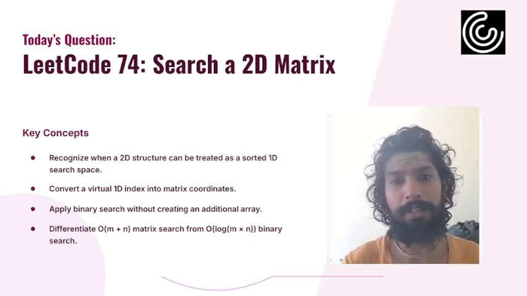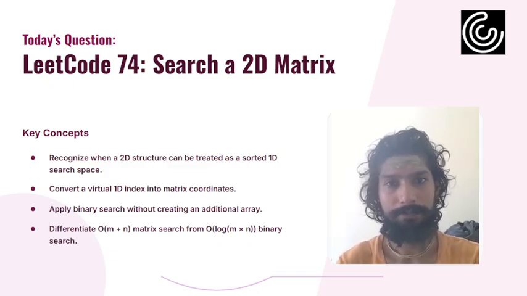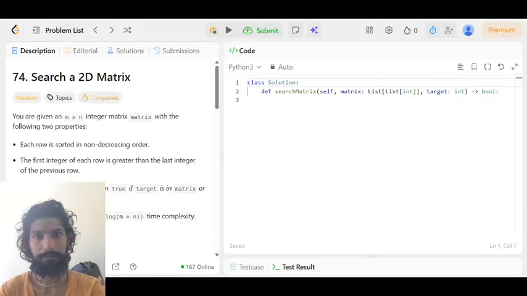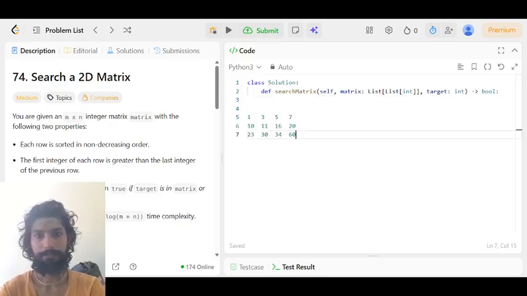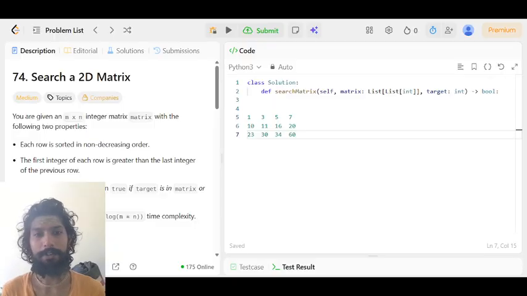Let us first understand the main intuition behind the solution. Suppose the matrix is this: 1, 3, 5, 7, 10, 11, 16, 20, 23, 30, 34, 60.